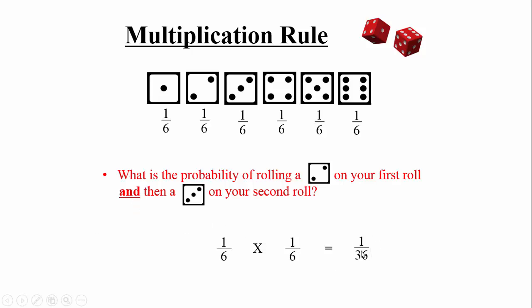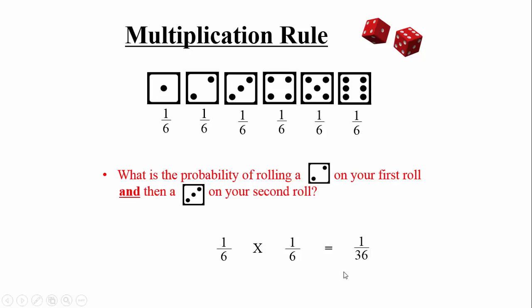And basically what you're saying here is you want to look at your answer and say, does it make sense? Because there's another rule we'll talk about in a second called the addition rule. If the multiplication rule makes sense, then our answer should make sense. In other words, if we multiply these two, we get 1/36, which is much, much lower than any of these individual events happening.